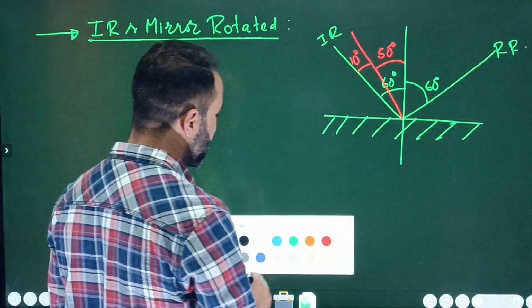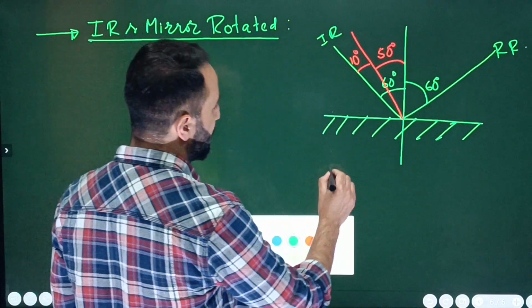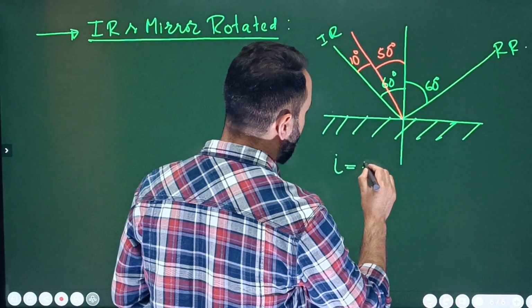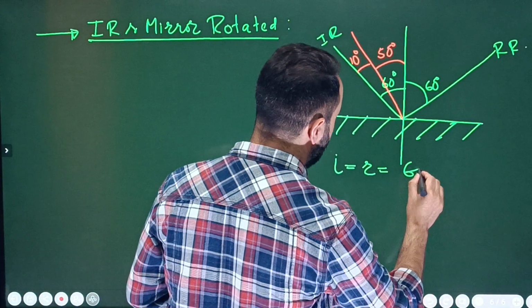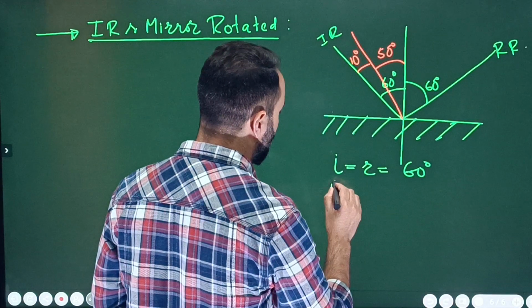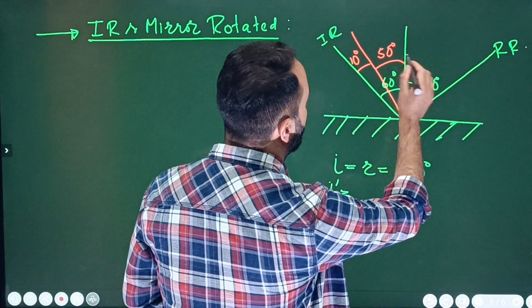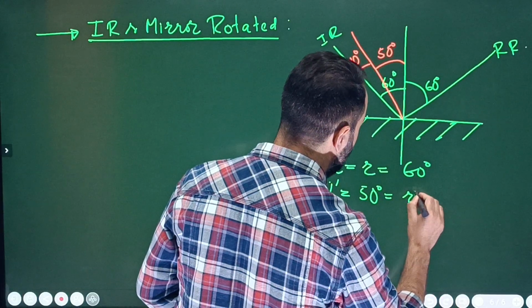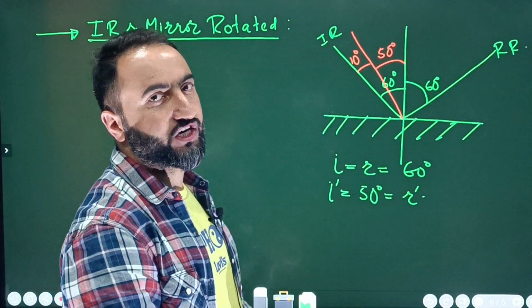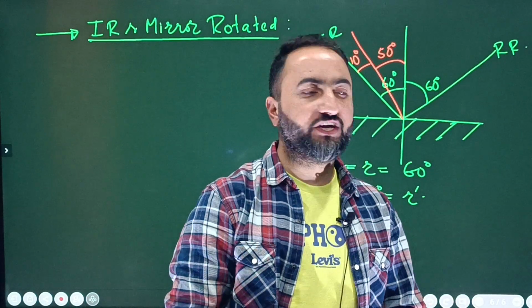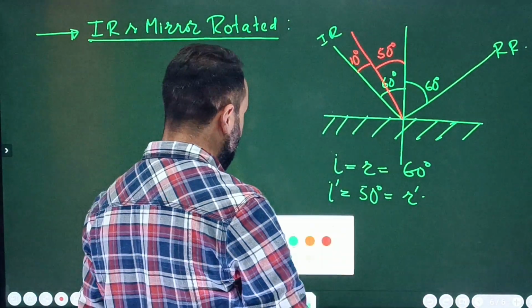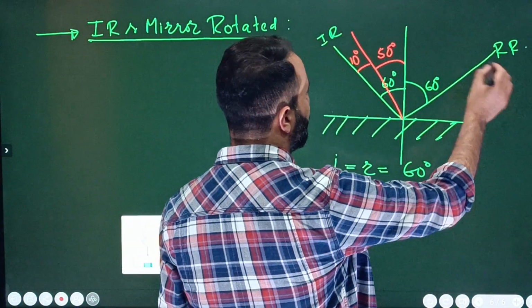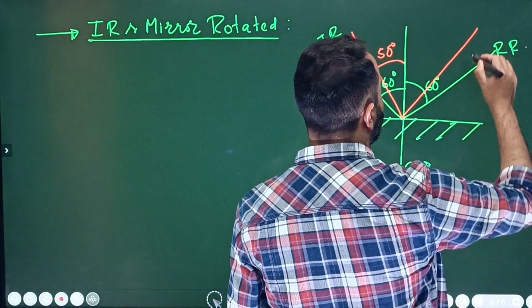The angle of incidence was equal to the angle of reflection, 60 degrees, and the new angle of incidence is 50 degrees. When that is 50 degrees, it has to be equal to the angle of reflection as well, so the new angle of reflection will be 50 degrees. That means the reflected ray also got rotated by the same amount.